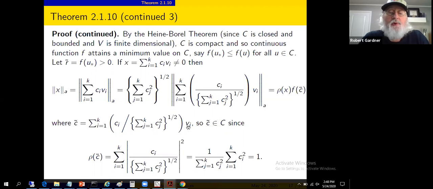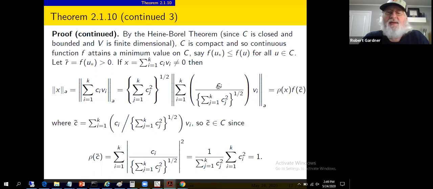If you go through and calculate rho of c tilde, the basis norm of c tilde, you find out that it equals 1. You sum the coefficients squared, and sure enough, you get out 1. So you get this quantity over itself. So c tilde really is an element of C. Is it independent of anything but the basis?